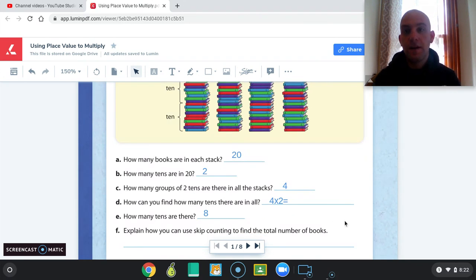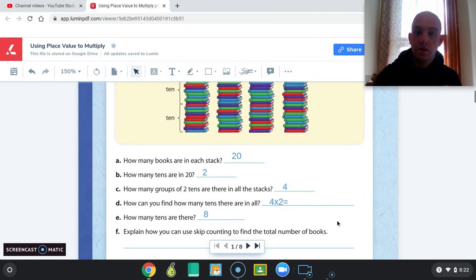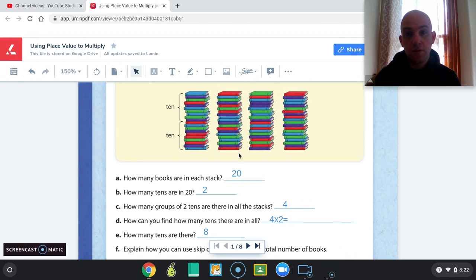So another way we can find the answer to this is by skip counting. If we wanted to find the total number of books, we can count by tens. So if we know there's 2 tens in each one of these stacks, we can say 10, 20, 30, 40, 50, 60, 70, 80, and we can get 80 books all together.